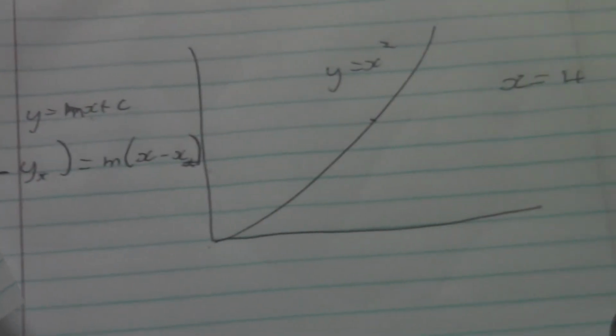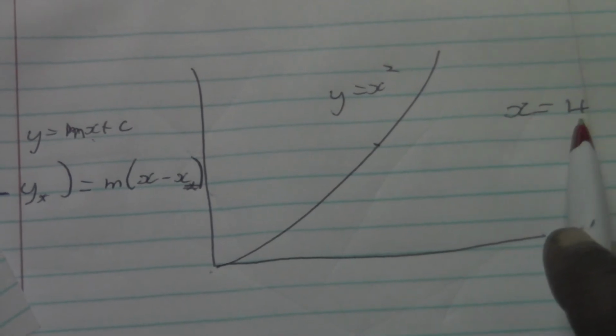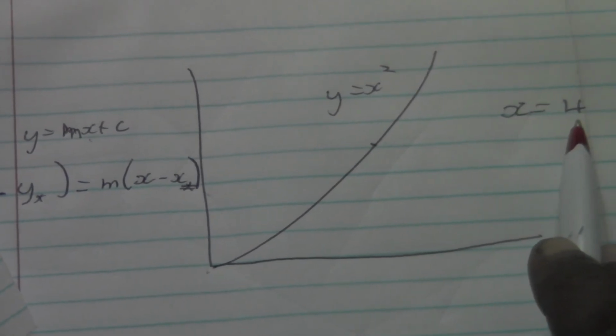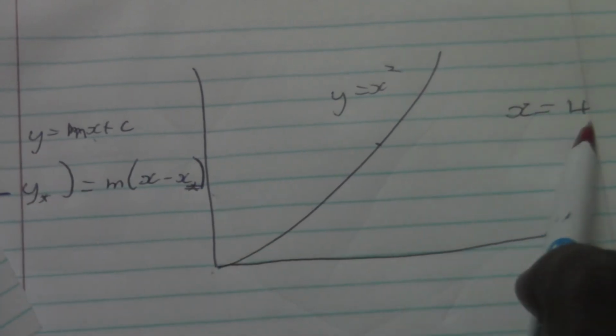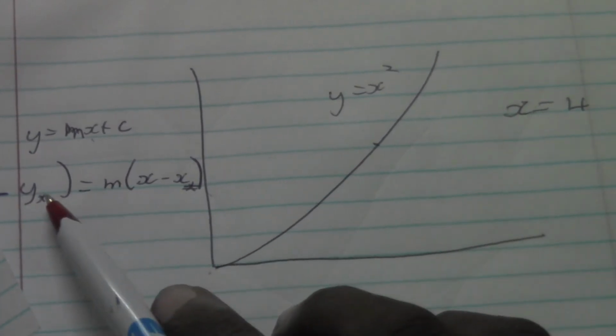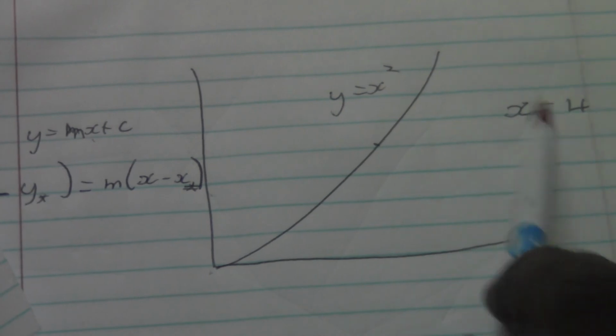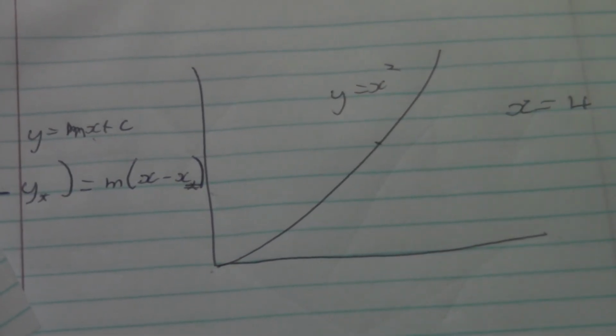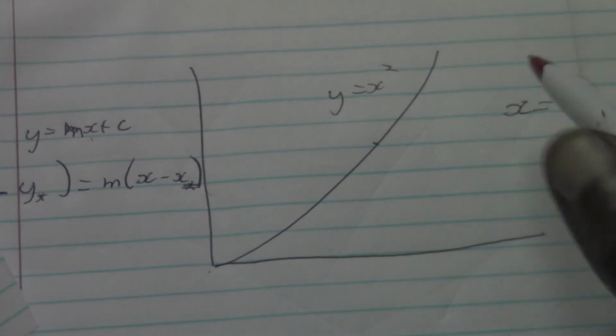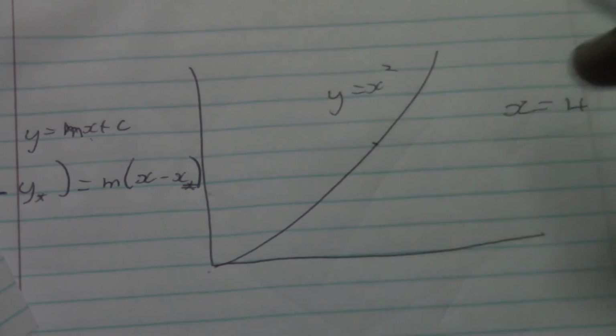The given x is the x value that you're asked to find the tangent at, and the given y is the y value that corresponds with the x value. Now they might just tell you y is equal to something. They might actually give you the y, or they might just tell you the x. But to find the y, you just plug it in here.